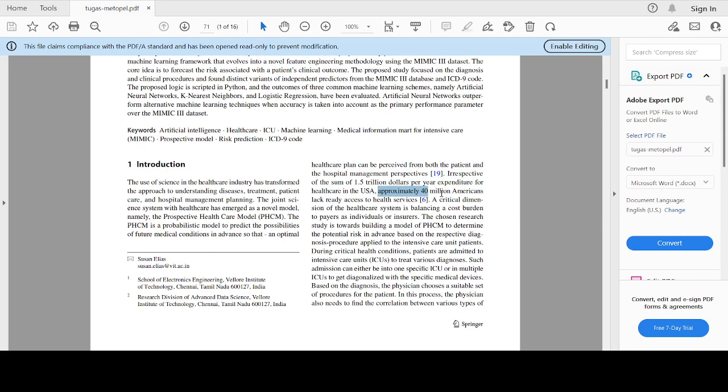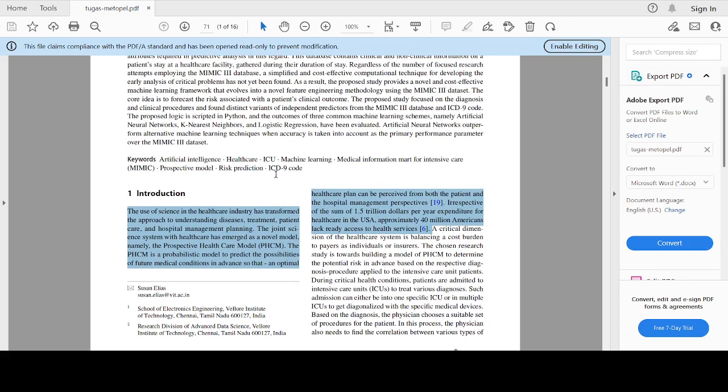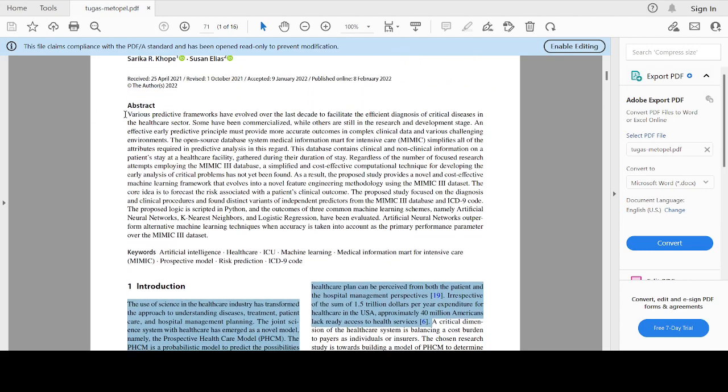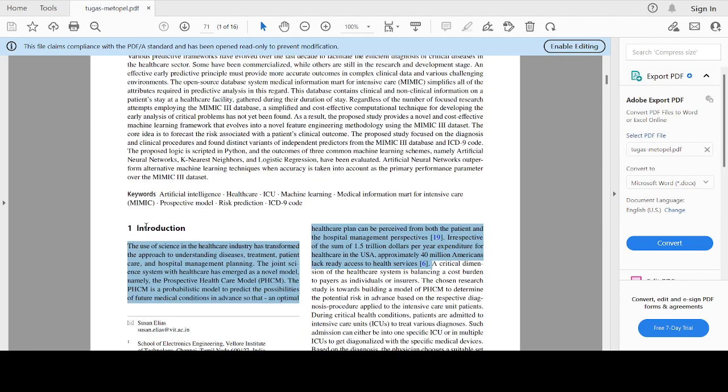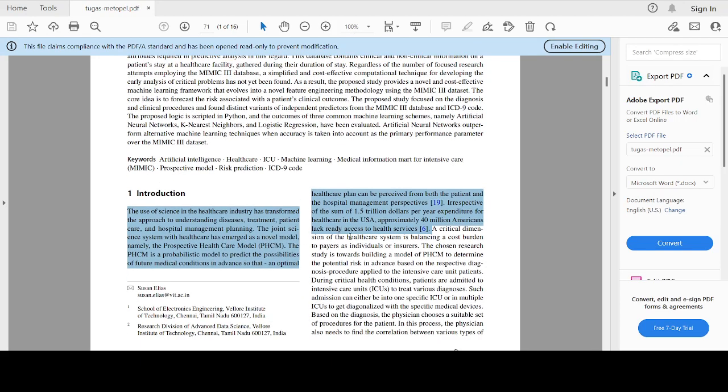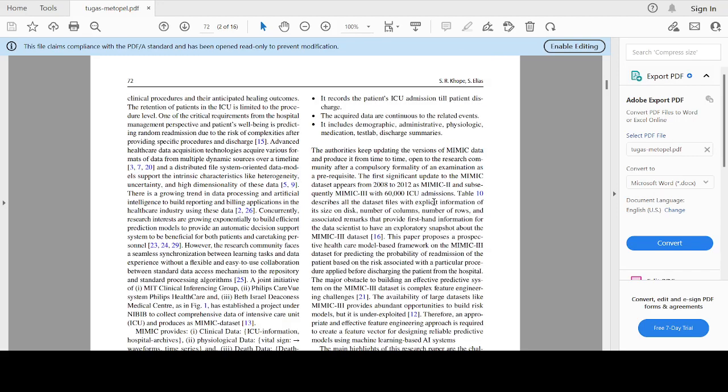Approximately 40 million Americans lack ready access to healthcare service. Okay, so this is the urgency or the problem. Describe it more. We already see that in the first paragraph, but the introduction also will describe the urgency again of the current condition.